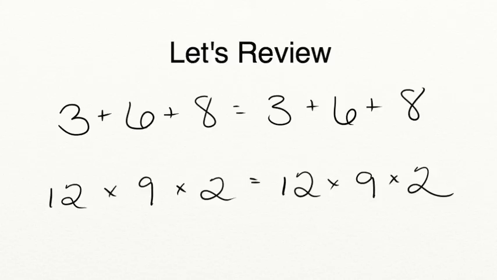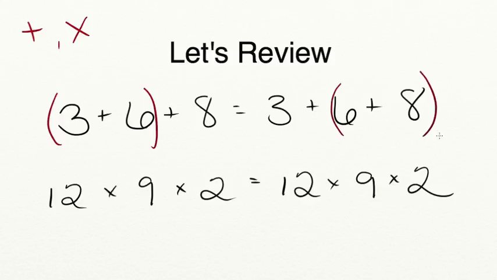Let's go ahead and review what we've learned in today's lesson. We know that you can use the associative property with addition and multiplication. The associative property is all about grouping numbers. So if we group 6 and 3 together, we're still going to have the same value if we were to group 6 and 8 together, as long as you're still only using addition within the equation and you have the same numbers on both sides of the equation.